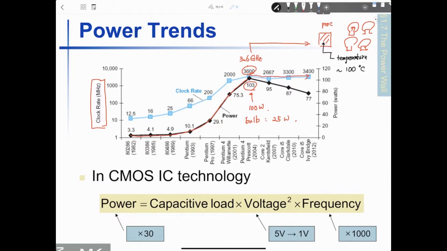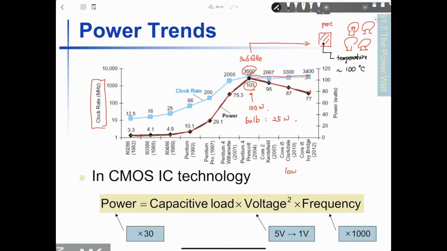They are trying to reduce the energy consumption. Reducing the energy consumption means we can reduce the heat emission. Also, saving power means that if we are using a smart device like a smartphone, we can save the battery, right?